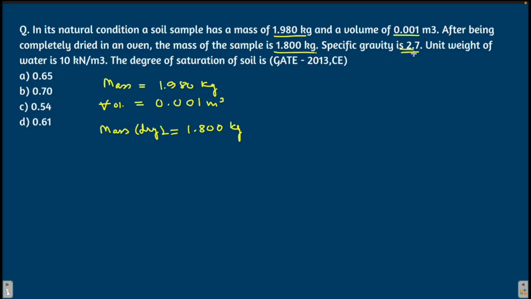The specific gravity G is given as 2.7. The unit weight of water, gamma w, is given as 10 kilonewton per meter cube. And we have to find the degree of saturation of the soil. That means we have to find S. S is what?